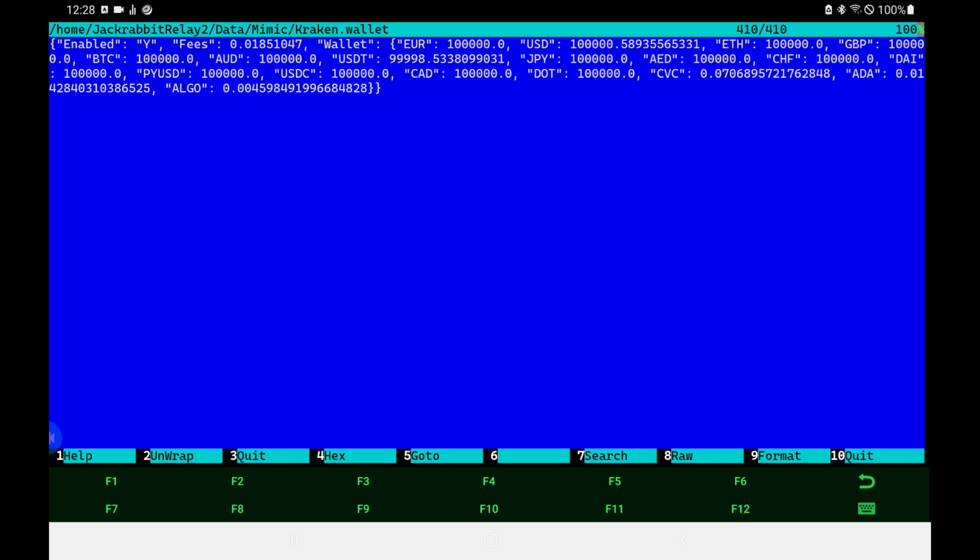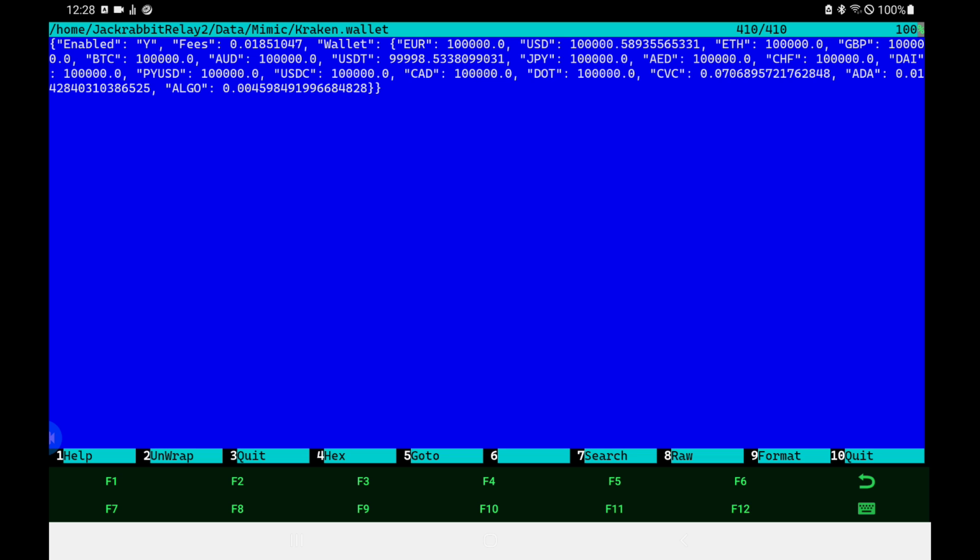Now, the purpose of this is not to emulate or mimic Kraken itself, even though it will use Kraken's live data to emulate your actual trading. Mimic is designed to emulate the effect of trading in a live market, the chaos and unpredictability of live trading, to see how your budgets, your balances are going to be affected and reflected by the actions of the market on a daily basis.